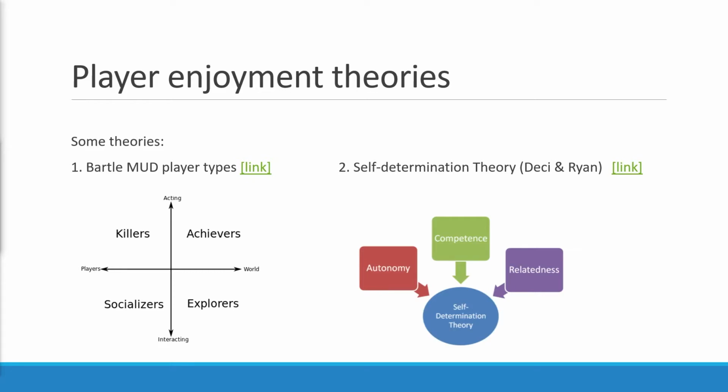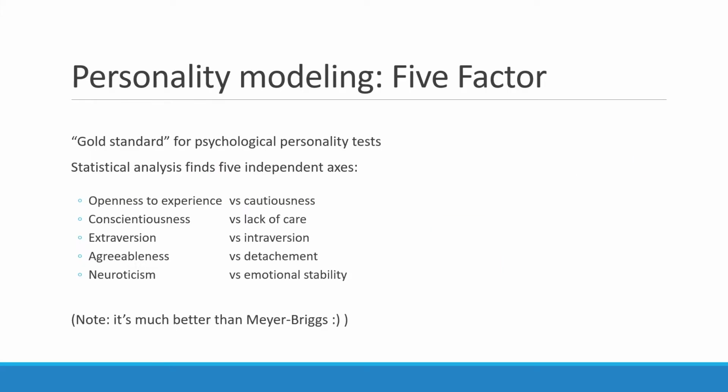This becomes very similar to theories of motivation in real life, so issues of autonomy and competence and relatedness in the self-determination theory become the driving forces. This is not used very much in game design because it is not specific enough, but it's an interesting way to look at gameplay.